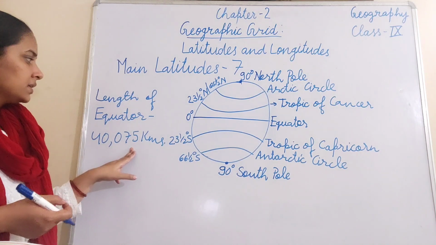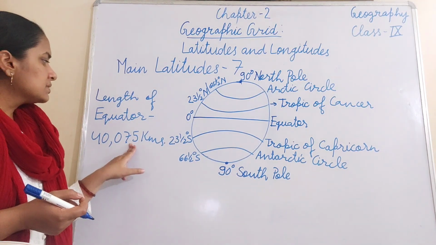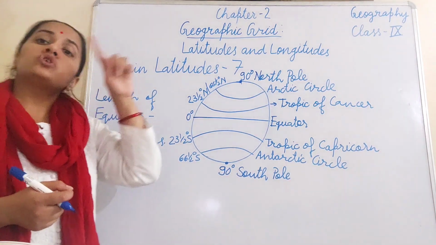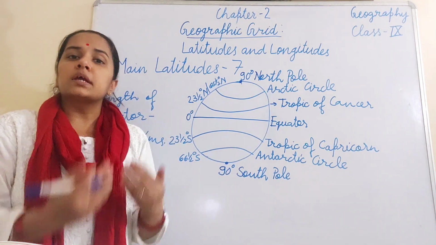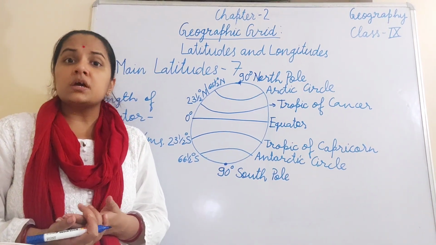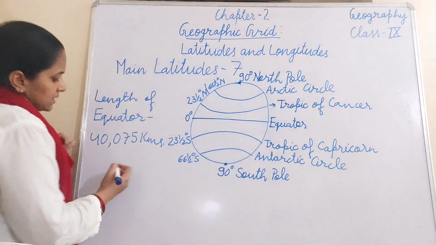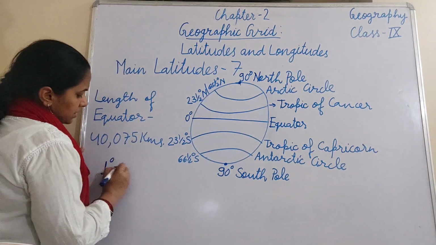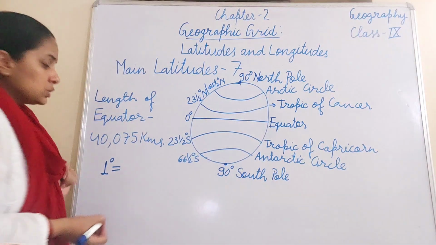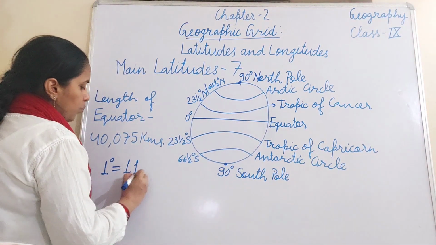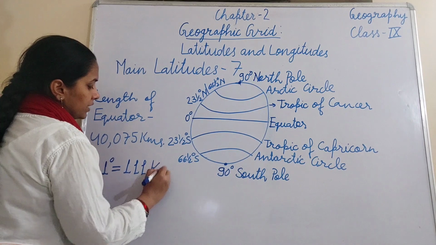The total length is 40,075 kilometers, and the total angular distance is 360 degrees. So 1 degree of angular distance is roughly 111 kilometers.